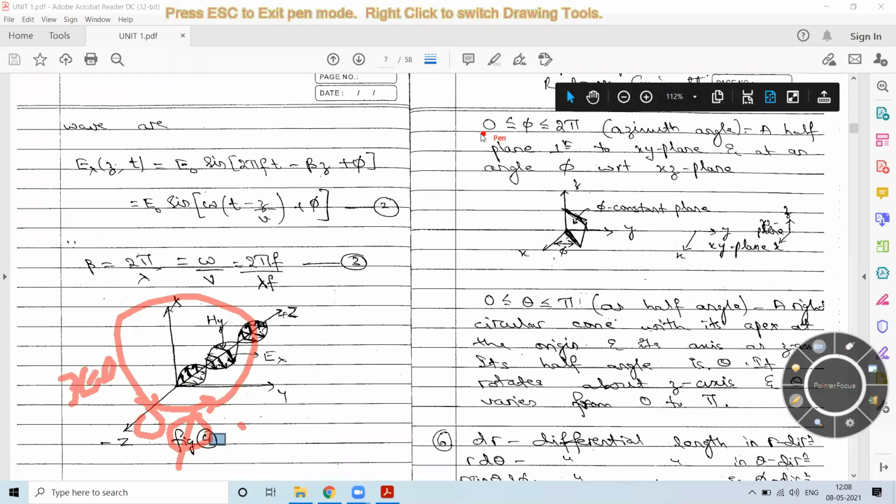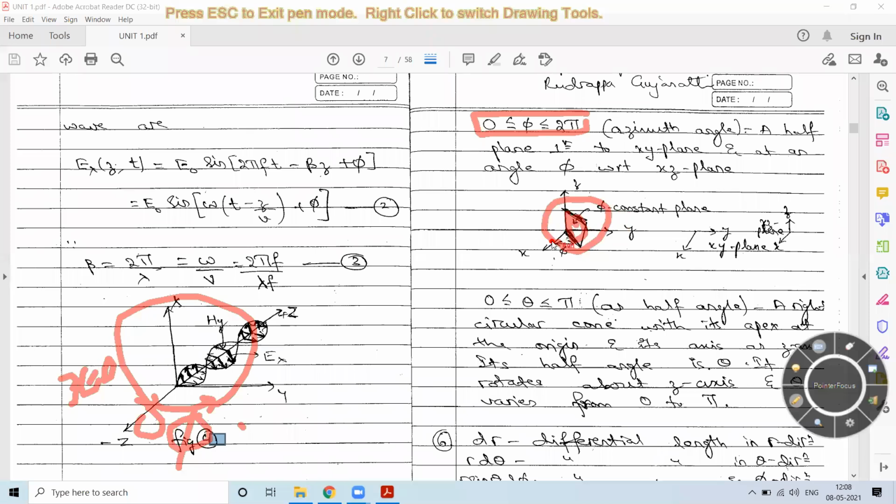In radians, it will be from 0 radians to 2 pi radians. It is like holding a plane and moving it along that direction.